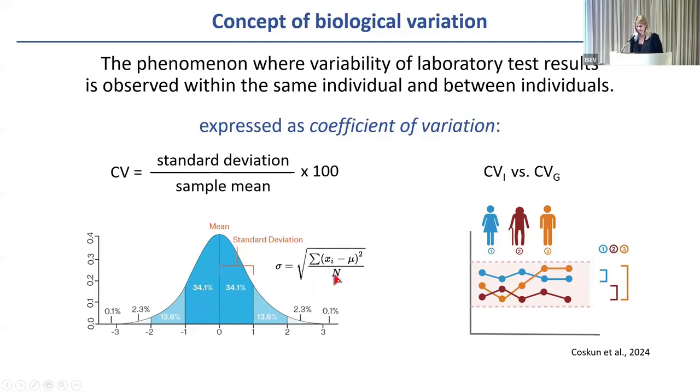So we talk about the individual coefficient of variation and, as I mentioned before, the group coefficient of variation. There is a simple example here with three people, where for the orange one there is a larger coefficient of variation, and we can compare those and also calculate the group coefficient of variation.